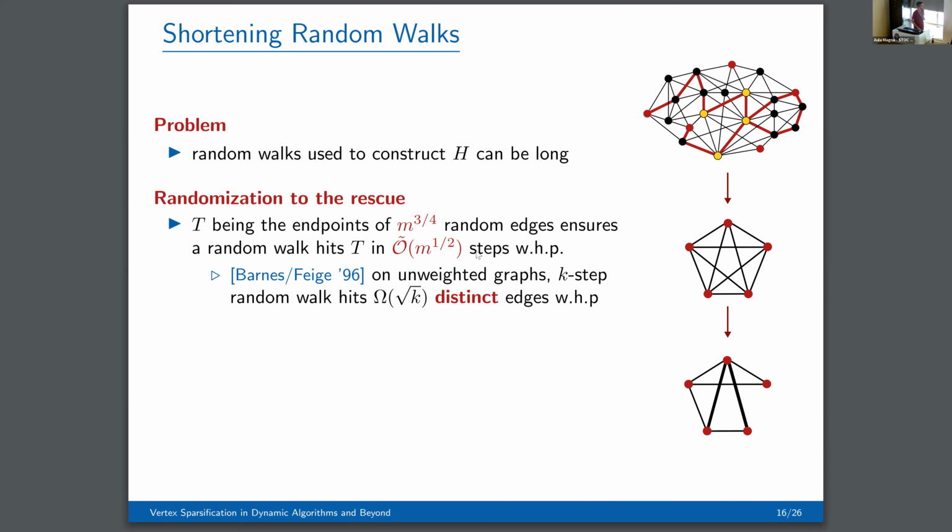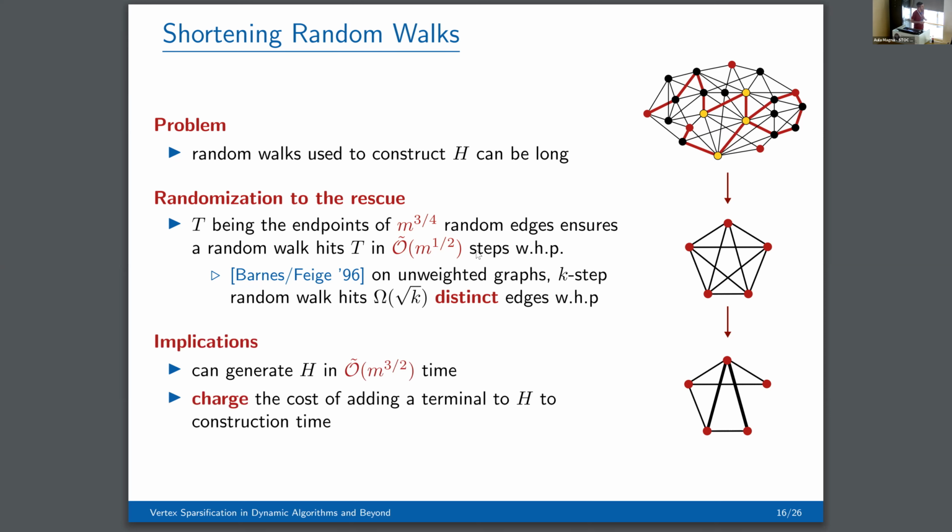Okay, so I will carefully pick some random subset of vertices in my graph and add them to the terminal set. I will append the terminal set with this sublinear number of vertices, and then I will make sure that these walks are short. By short I mean something sublinear in the size of the network.